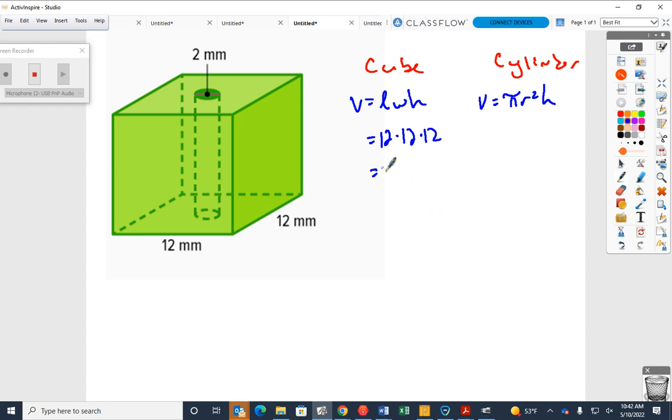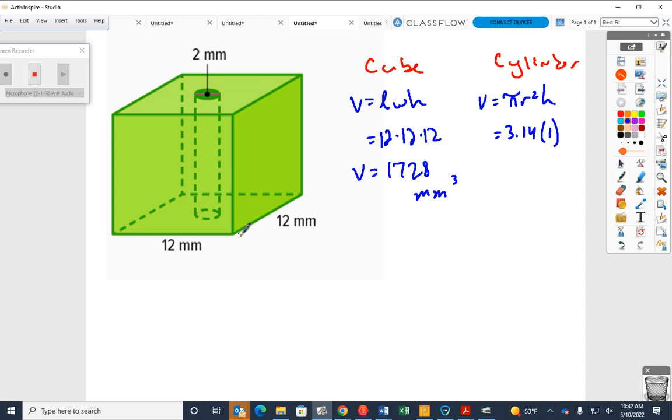Yeah. Millimeters cubed. And then this is going to be pi, so 3.14. Is this a radius or a diameter? Diameter. It's a diameter. So what's my radius going to be? 1. 1 squared. What's 1 squared? 1.